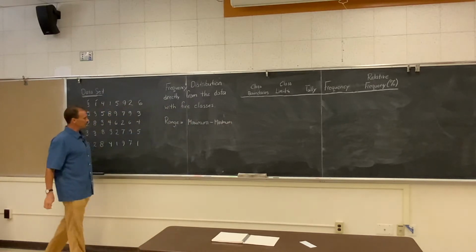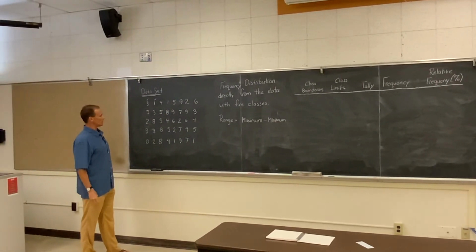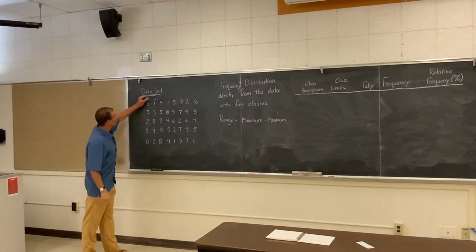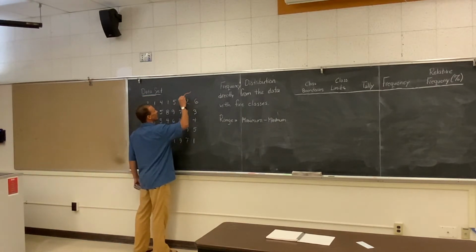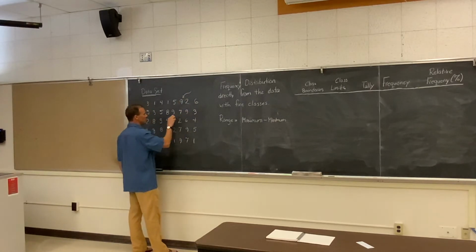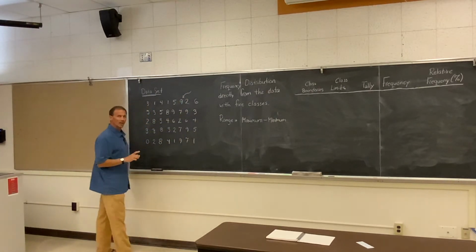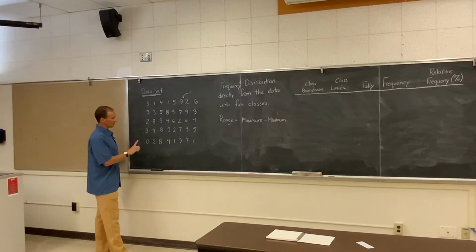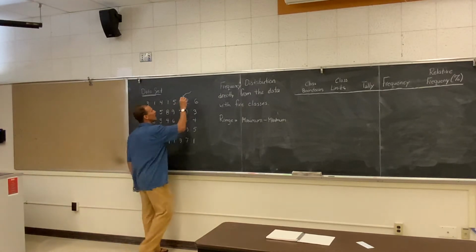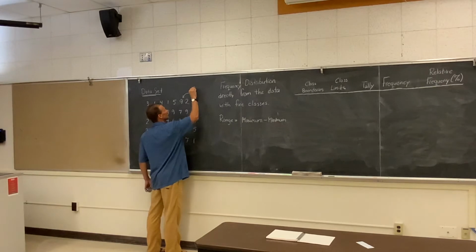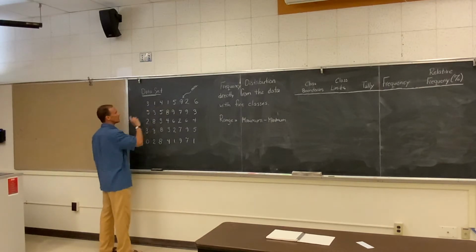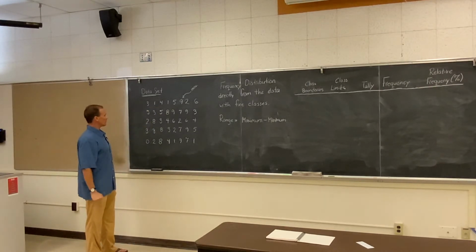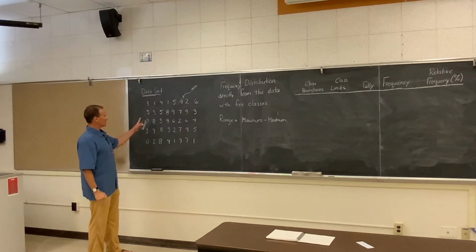So let's come over here. Oh, here's our biggest. Let me erase those. Our largest value, looks like we've got a 9 here. I see a few 9s, but I don't see any 10s. Notice that these are all single-digit data values, so 9 is our largest value. I'm going to call that max, or maximum. And then our lowest, let's see. Here's a 1. Are there any data values less than 1?